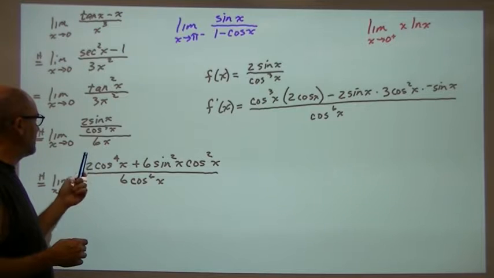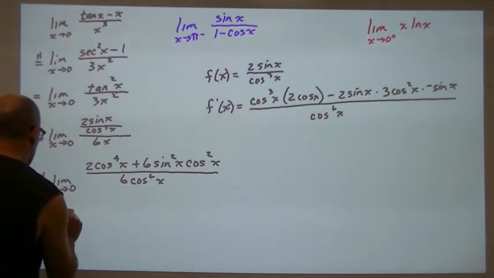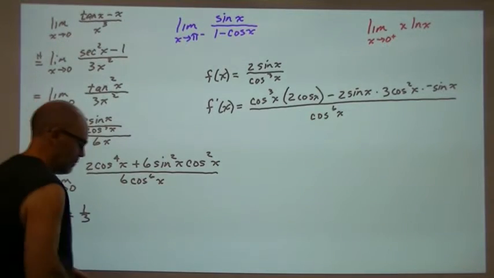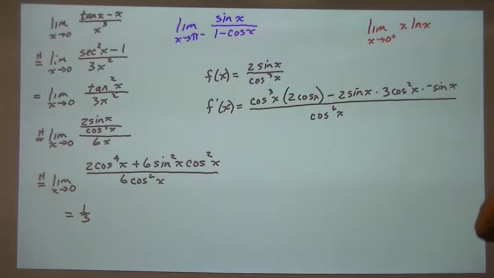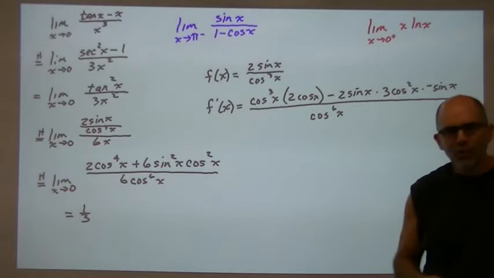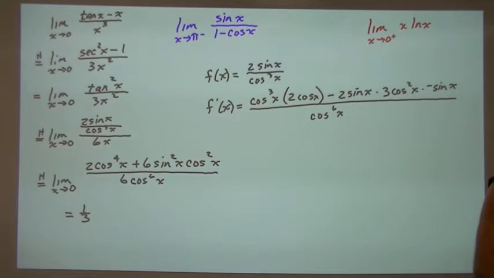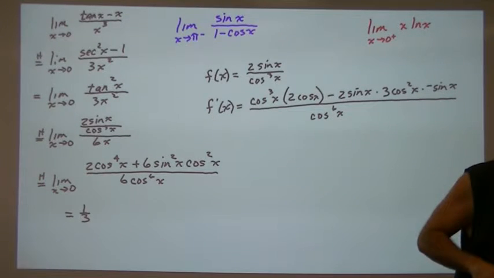So this becomes 2 over 6, which equals 1/3. All right. Man, that was grisly. Let's look at example 4 in the book. What the heck did they do that made it so much easier than what I did?